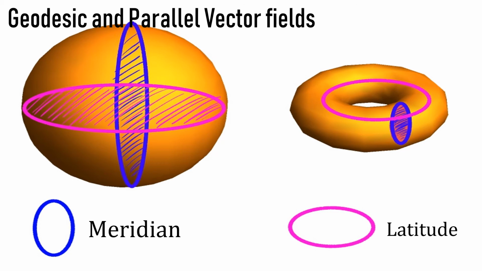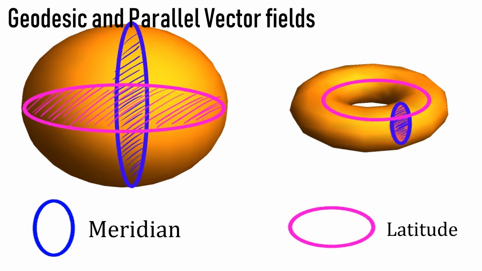The meridian looks like the vertical circle on the sphere and torus, and we already said that's going to be a geodesic. Every meridian is a geodesic if it's a surface of revolution. Remember that the sphere is a surface of revolution and the torus is also a surface of revolution. We learned about this from the cartoon.